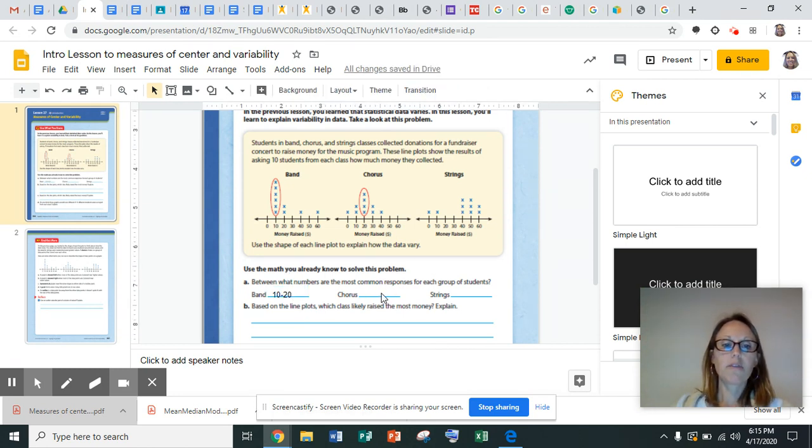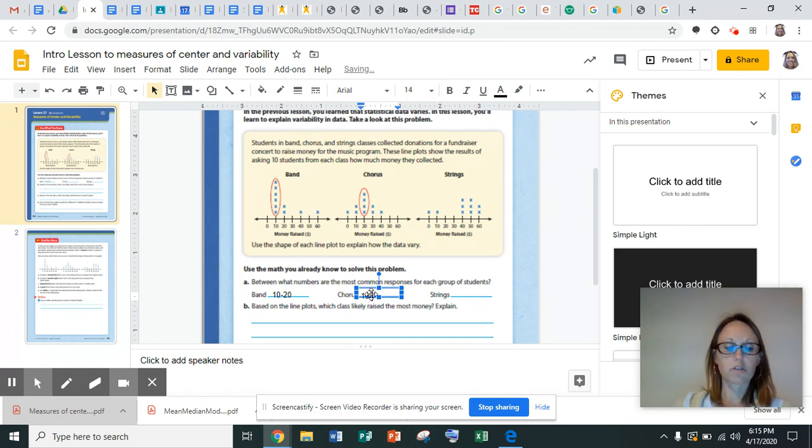Okay. Then we can look at the chorus and we can see where is the most students. Well, our most students are from 10 to 30. So I'm going to click on the text box again and get that text box again. And then I'm going to type on there and I'm going to say 10 to 30.